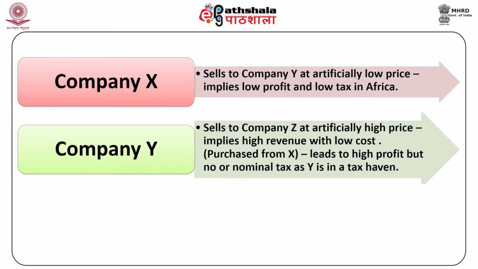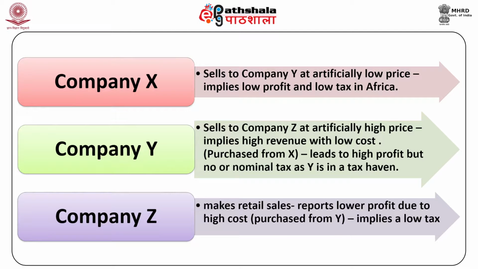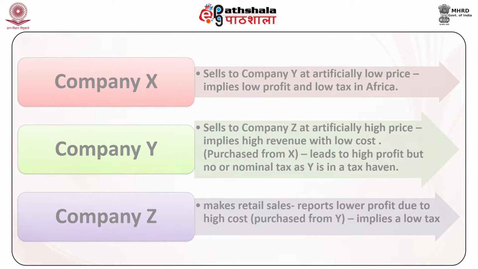Company Y sells to company Z at artificially high price, which implies high revenue with low cost. Purchased from X leads to high profit but no or nominal tax as Y is in tax haven. Company Z makes retail sales, reports lower profit due to high cost. Purchased from Y implies a low tax.